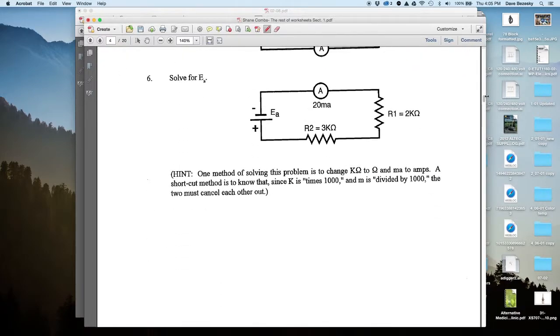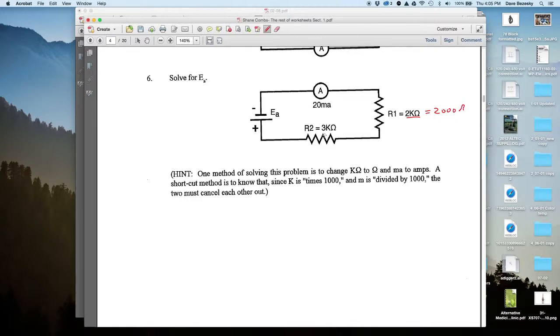Okay, number 6. We're down to the home stretch here. Solve for EA. We've got 20 milliamps, and that flows through a resistor of 2 k ohms. K ohms, remember, is kilo, which is 1,000, so that means you've got 2,000 ohms.